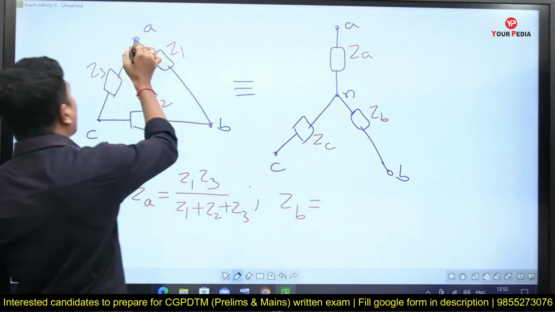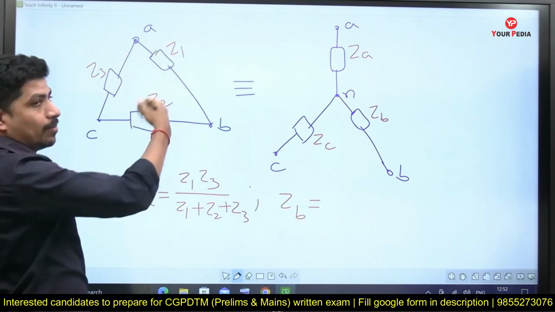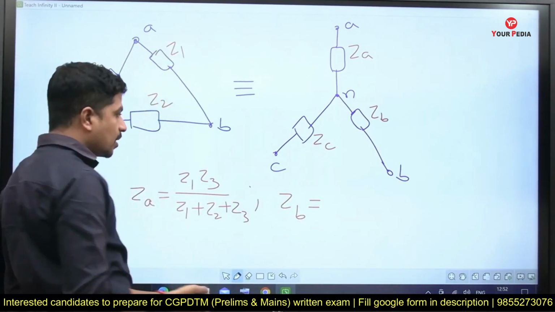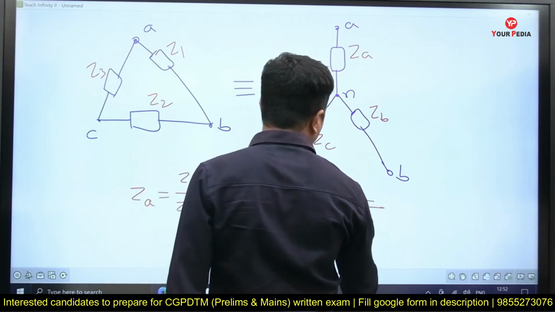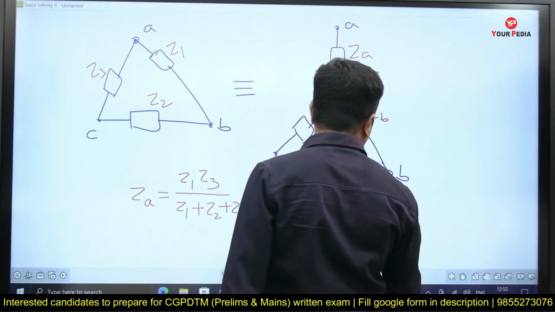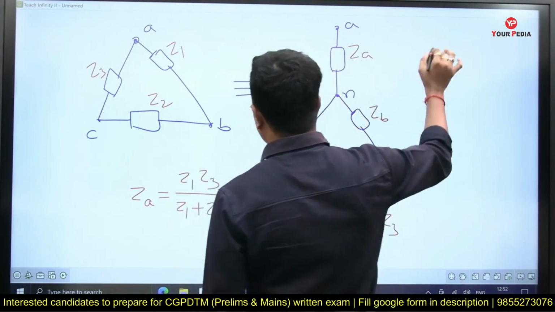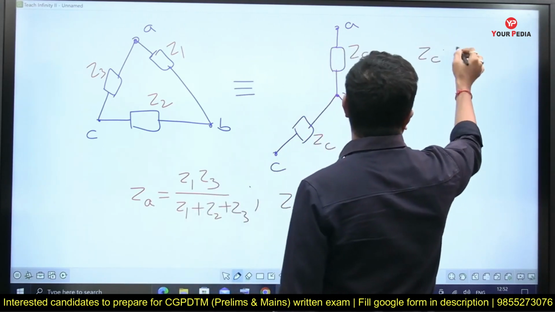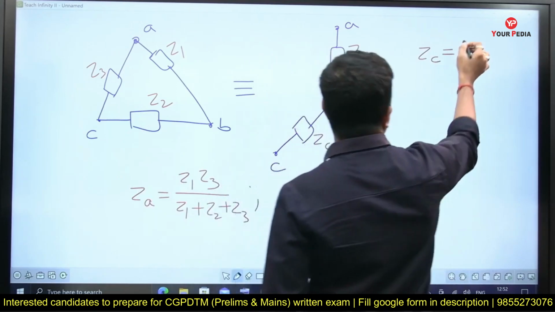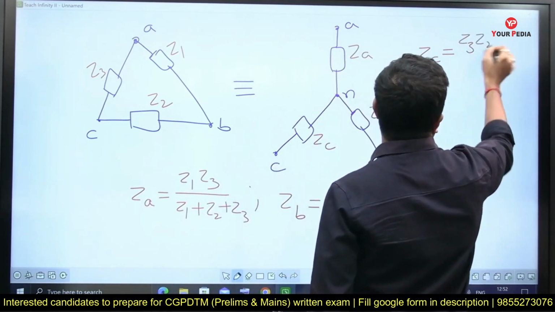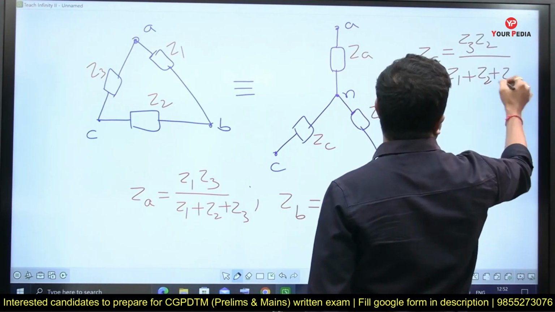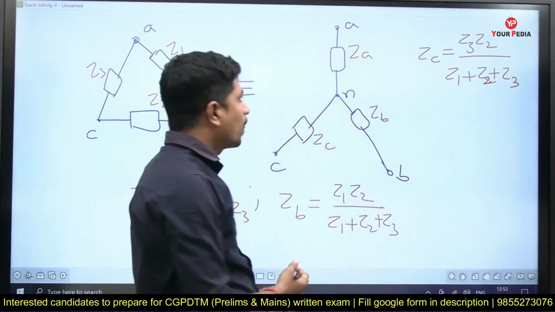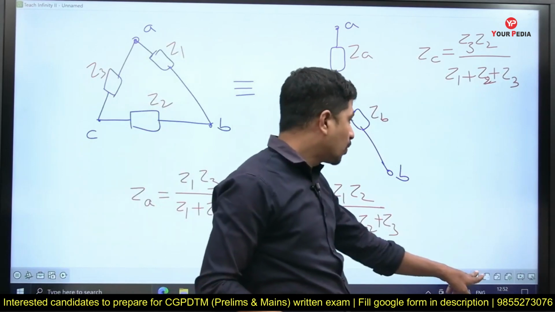ZB is these two connected impedances product by total impedance summation: ZB is Z1 Z2 by Z1 plus Z2 plus Z3. ZC is Z3 Z2 by Z1 plus Z2 plus Z3. Right?